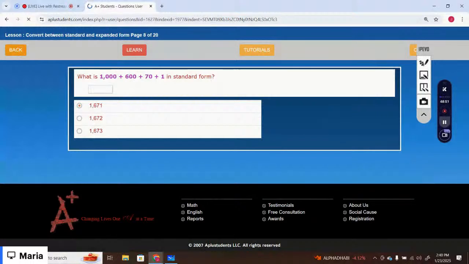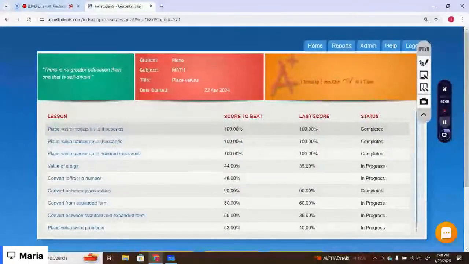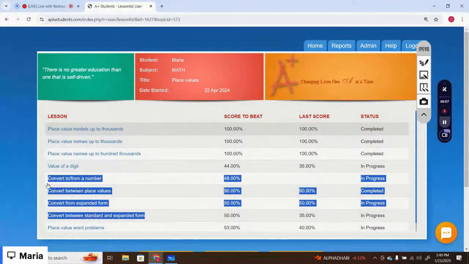So we were working on grade 3 math. The chapter we're working on is place values. The lessons we have covered today are convert to from a number, convert between place values, convert from expanded form, and convert between standard and expanded form.